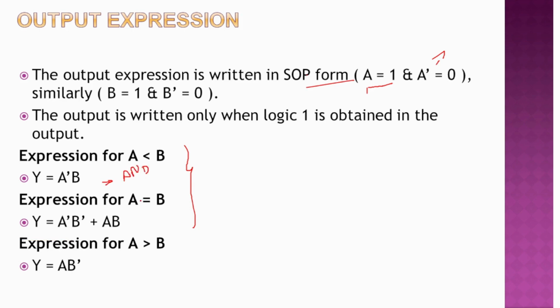For A less than B, you need to draw the AND gate, and for A greater than B, you also need to draw the AND gate. Here in both equations there is a mention of A' and B'. That's why you need to include the NOT gate to represent the logical diagram.